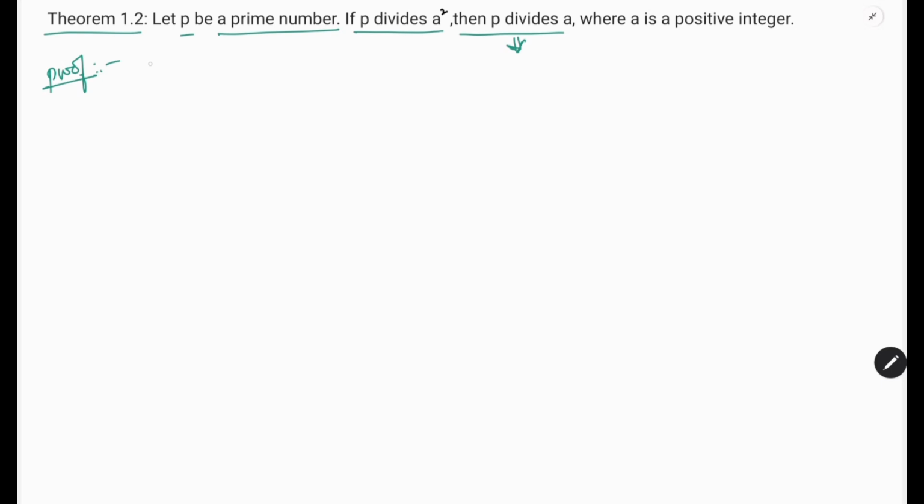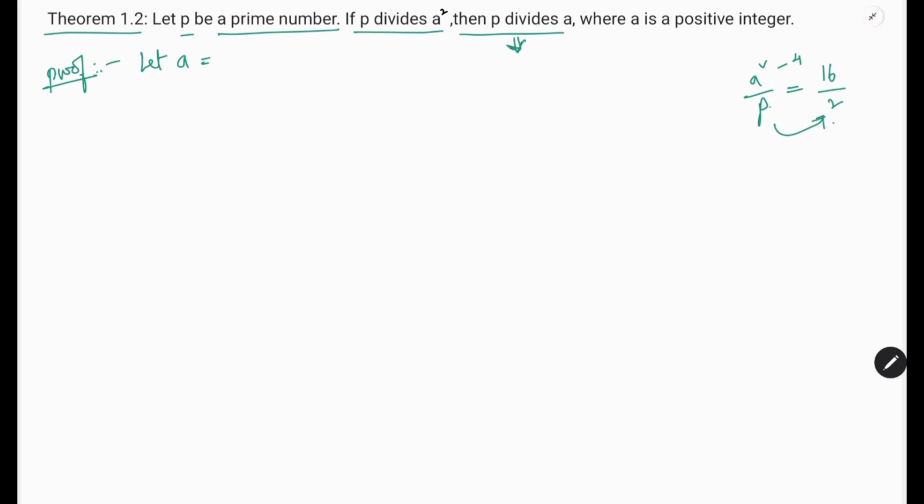Let a be a number. Here, p divides a square means, for example, take any number. Take a as 4, then a square is 16. So 16 is divided by the prime number 2, so p is 2.